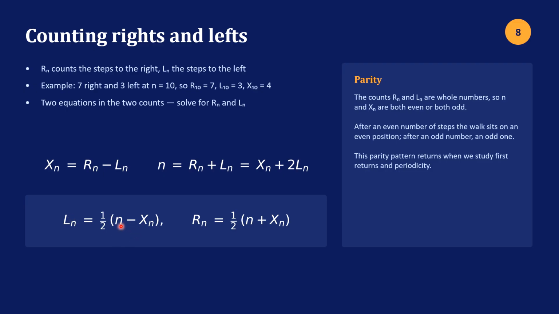So you need to subtract an even from an even to get another even number, so you can divide by 2. Or if you subtract an odd number from an odd number, again you get an even number, and that allows you to divide by 2. And by similar arguments, you have that here. Okay, so both n and x sub n are either both even or both odd.